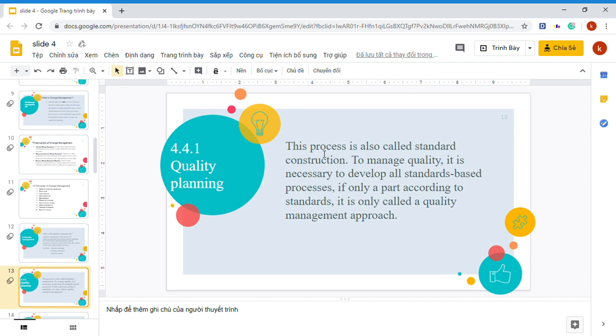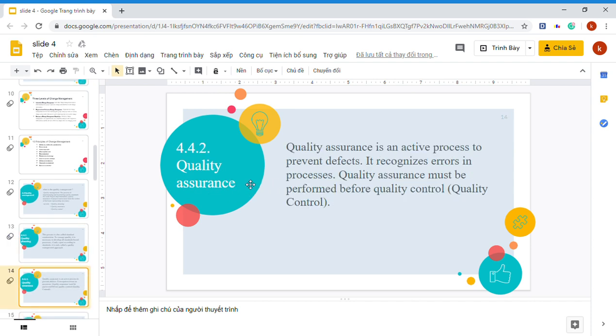Quality planning. This process is also called standard construction to manage quality. It is necessary to develop your own standard-based process; only if passed according to the standard is it called quality management.